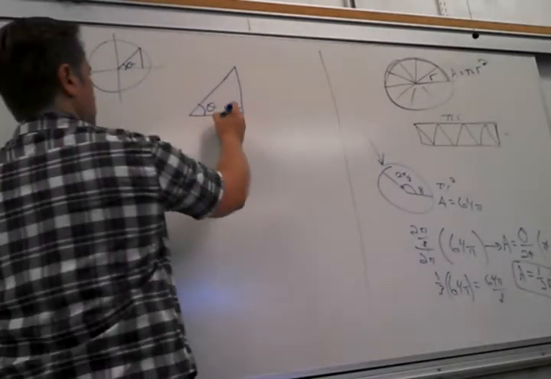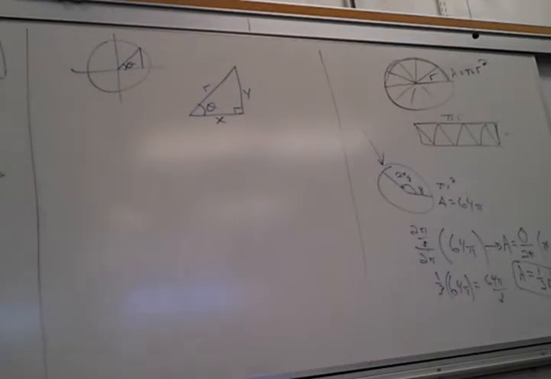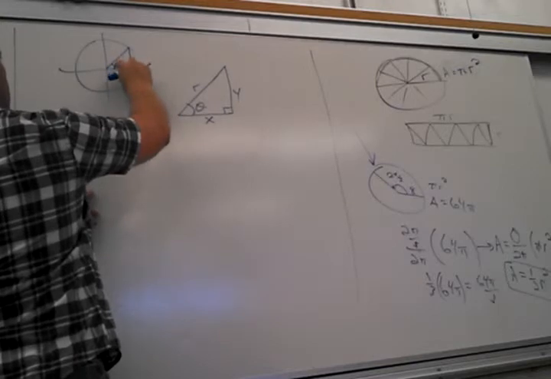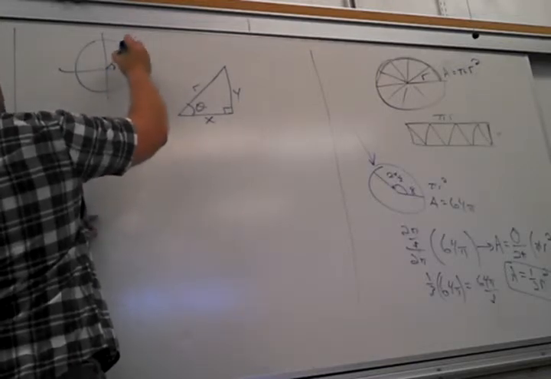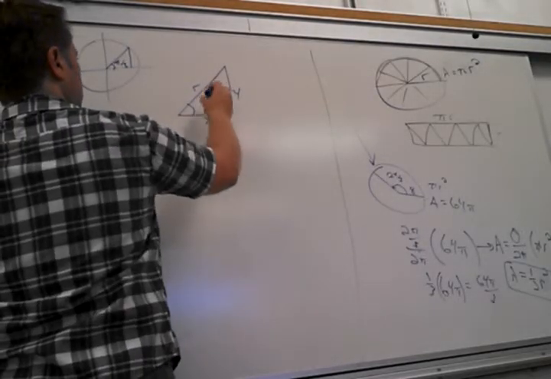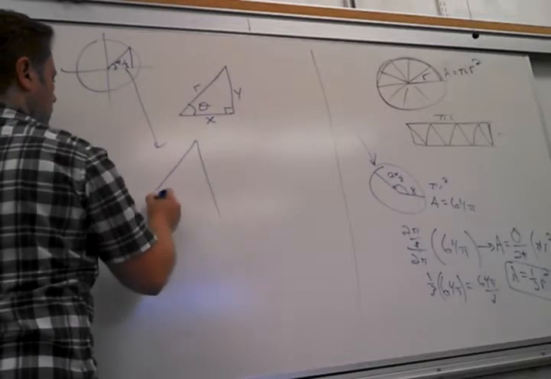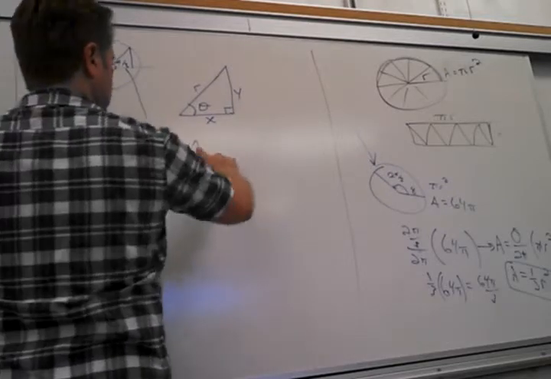This is the x piece, the y piece, and this is the radius. So here's what ends up happening for a specific example. Let's say theta is pi over 3. We've been working with that a lot today. How would I label these sides then? What would these sides be?